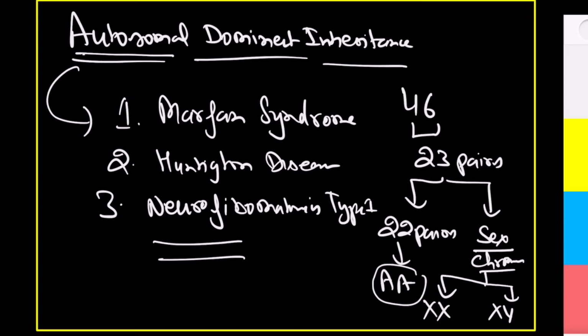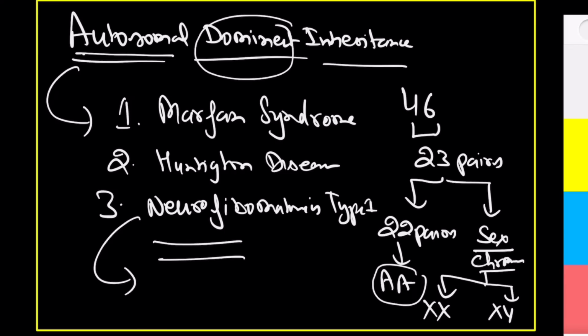Now here let's take this disease, neurofibromatosis type 1. What actually happens here? There is formation of tumor within the nervous tissue, and later we are going to see skin and skull deformities.